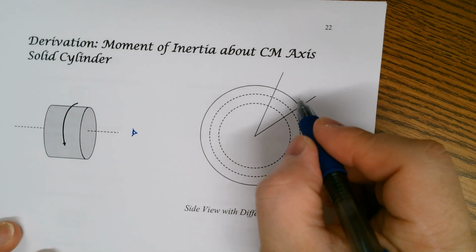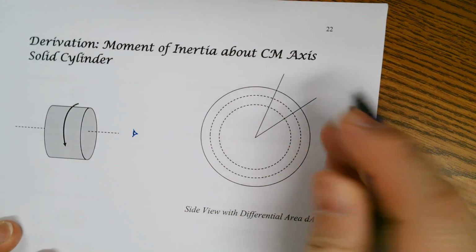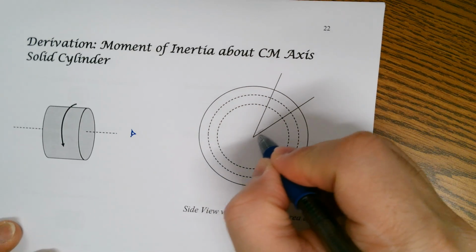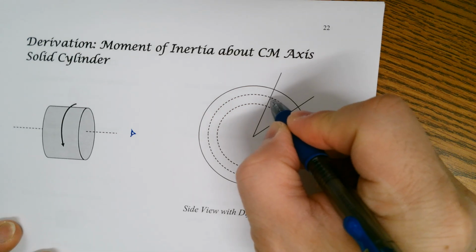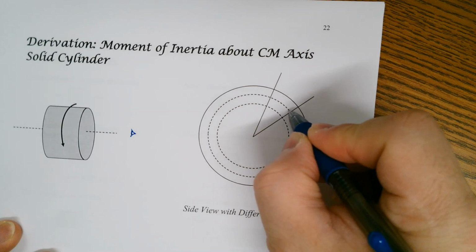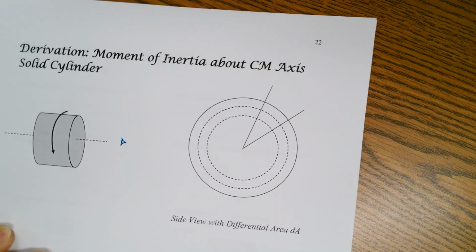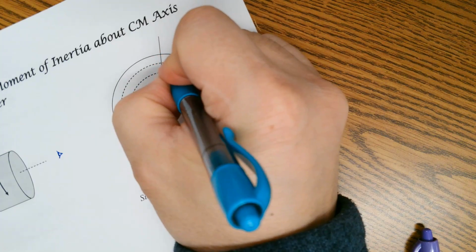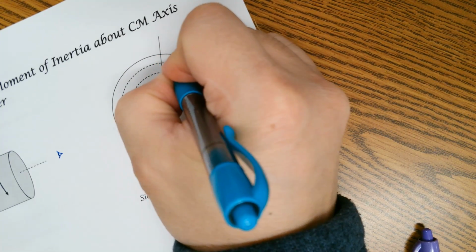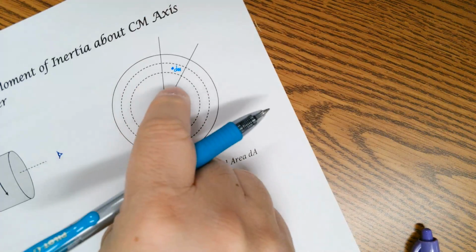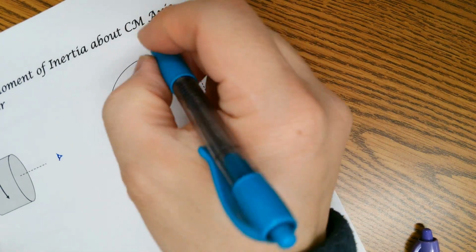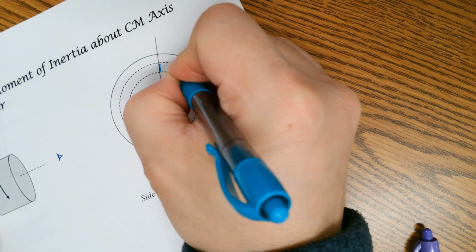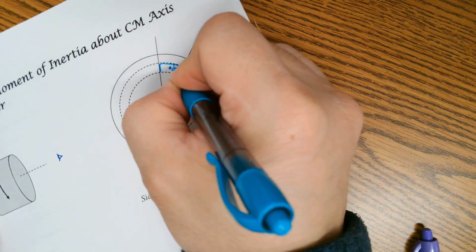So if we were to take a look at the surface area and we cut out that little tiny dm on the surface, so this here is my dm. Of course, this is infinitesimally small, but I blew it up so you guys could see it better.